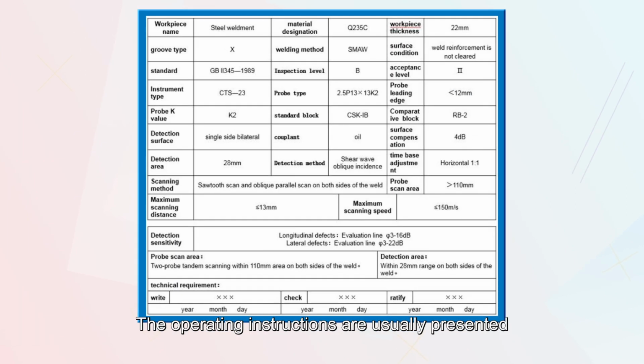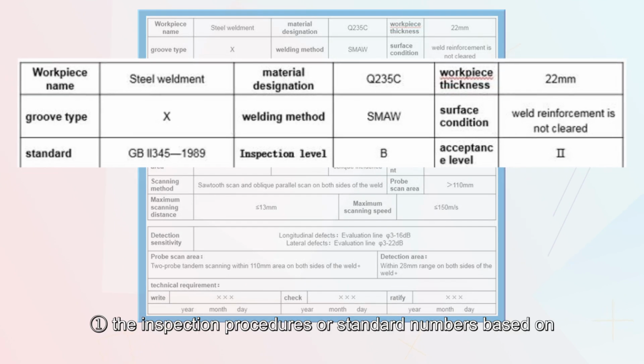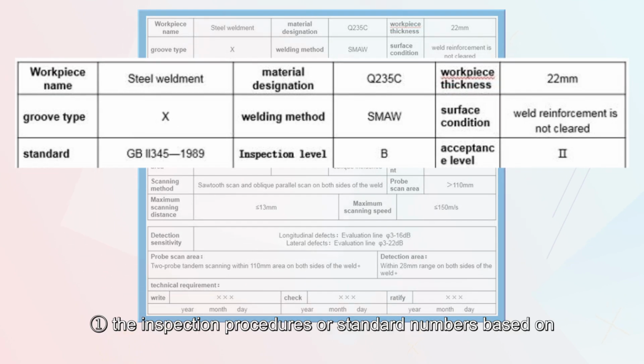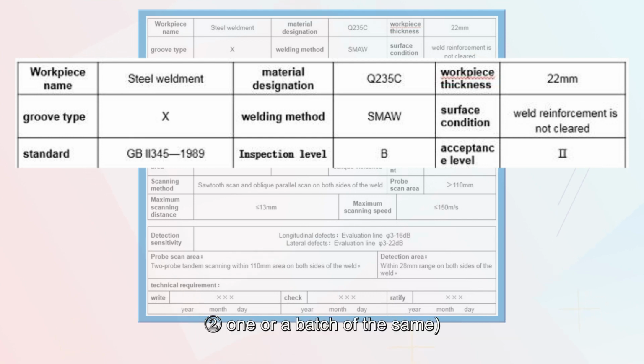The operation instructions are usually presented in the form of tables, and the main contents include: 1. The inspection procedures or standard numbers based on. 2.